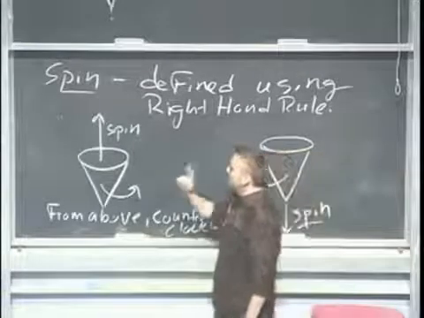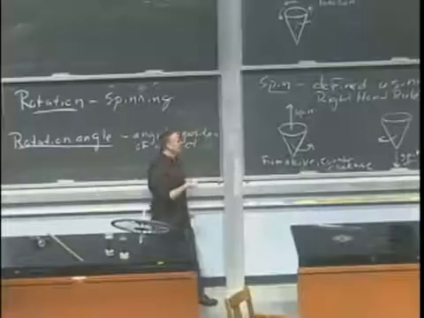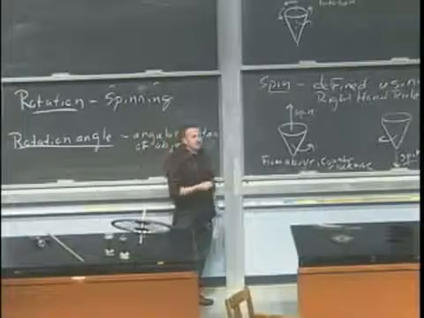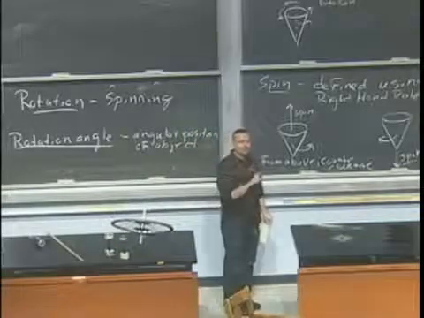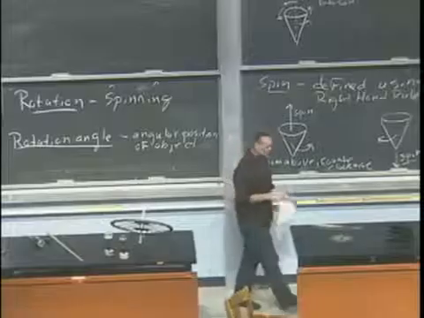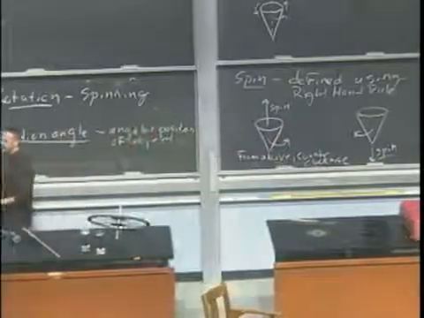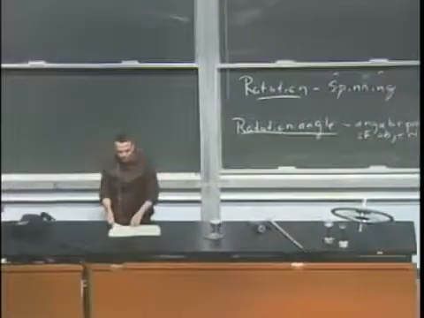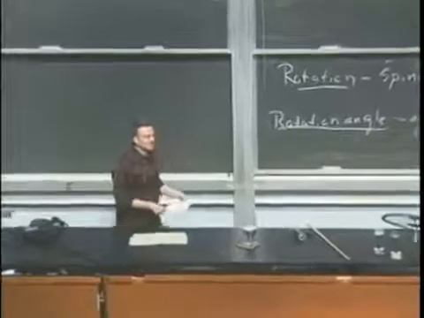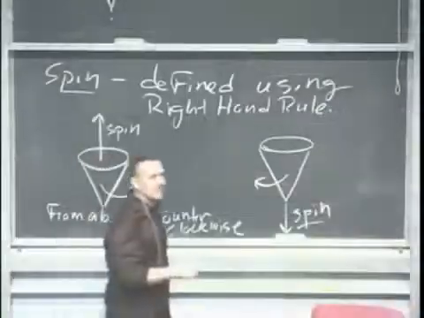So even if they are rotating with the same number of revolutions per second, they have opposite spins because they are opposite. One's rotating clockwise and the other one's rotating counterclockwise. So that is the direction. That is just convention. We are going to need that when we're talking about velocities and accelerations. We need to define a direction that this thing is rotating, and that is just a convenient way to do that.